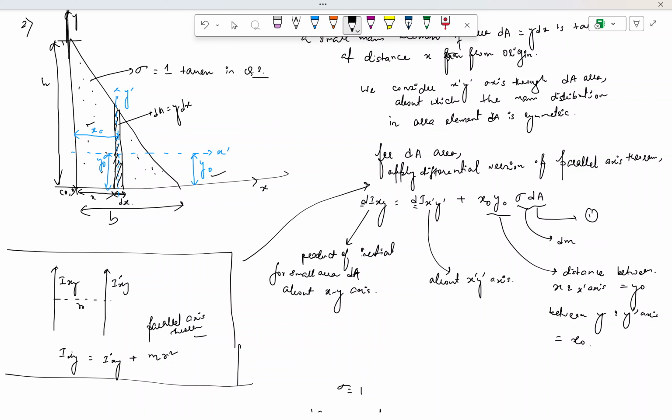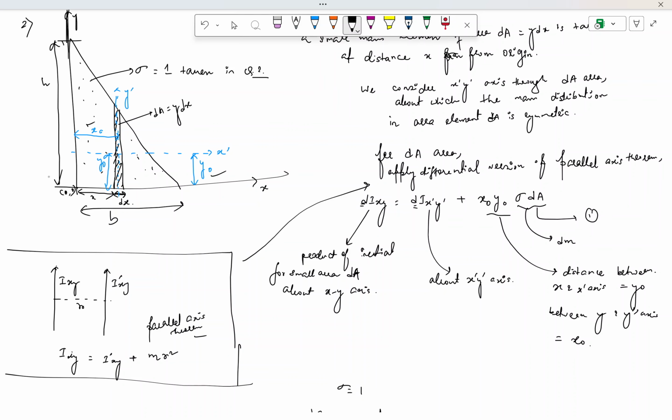You can see that the mass distribution of the area dA is exactly symmetric about this x prime y prime axis, but it is not symmetric about the xy coordinate that is drawn at the corner. So the area dA is not symmetric about xy, but it is symmetric about the newly drawn axis x prime y prime.